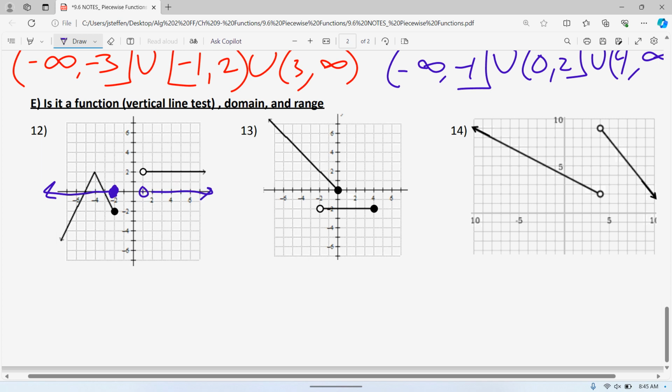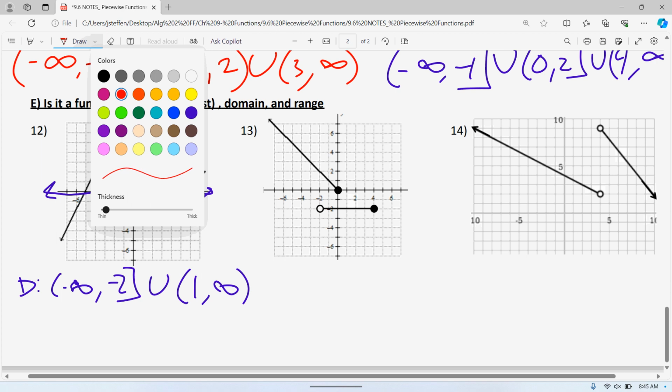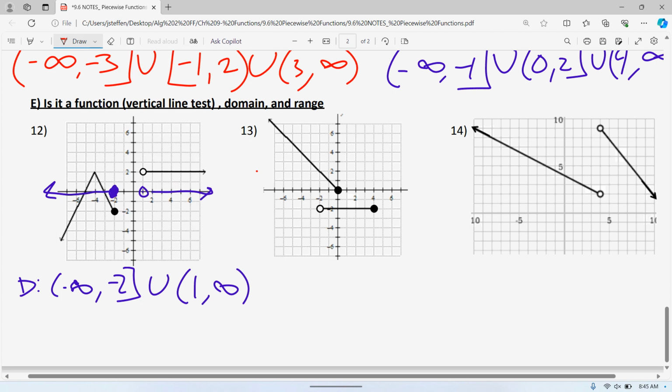So this one, the domain, goes from negative 2, bracket, goes from positive 1 to positive infinity. Same thing with the range. We take this whole thing and we squish it in here.